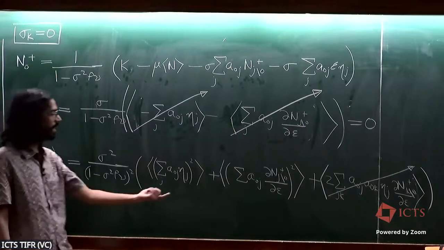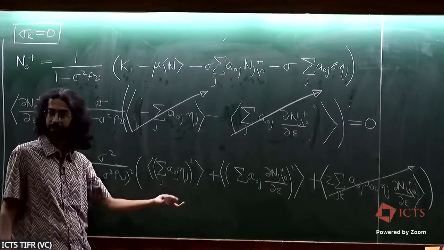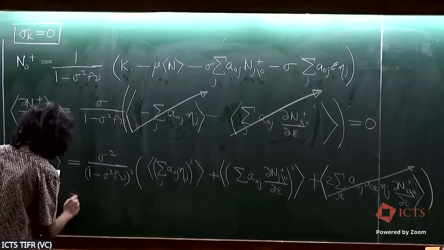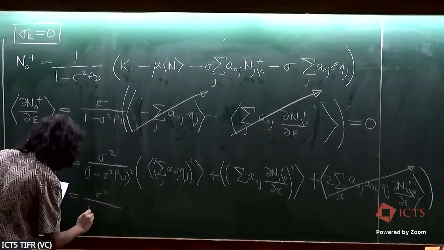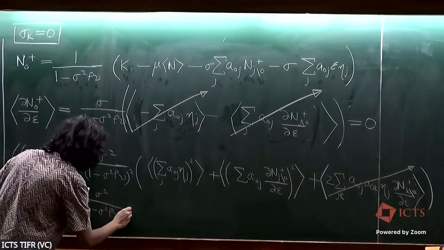What about this guy? Is this going to go to 0 anymore? No, because there are squares of things. So what is this going to give us? Again, let me carry forth the squares.